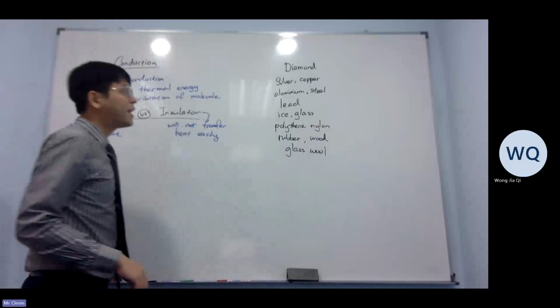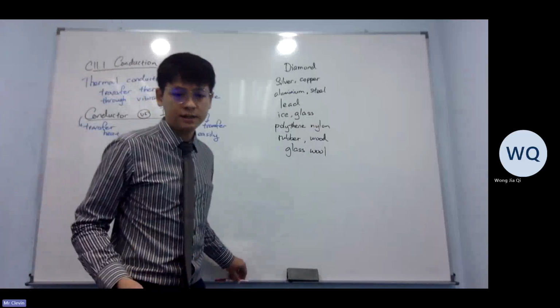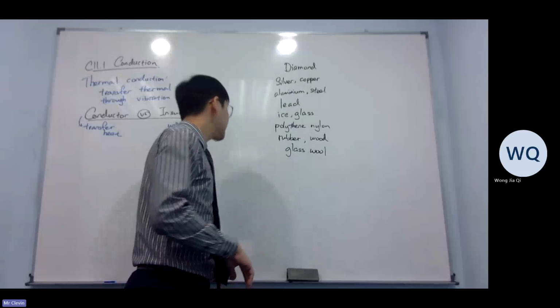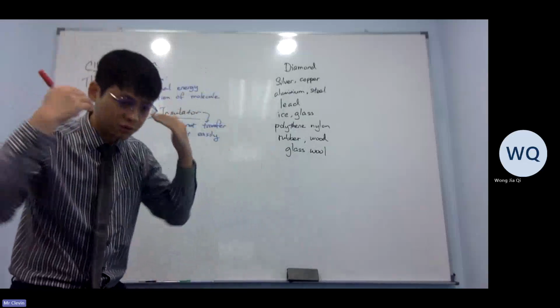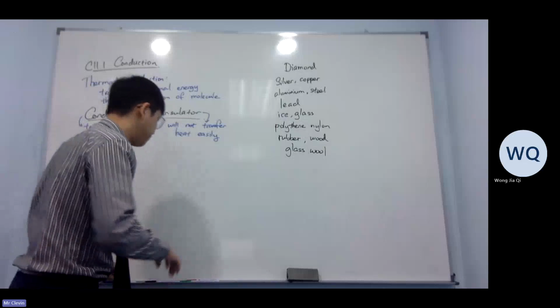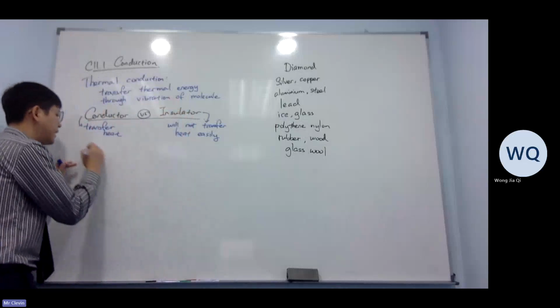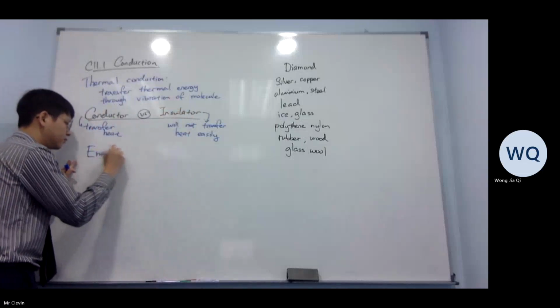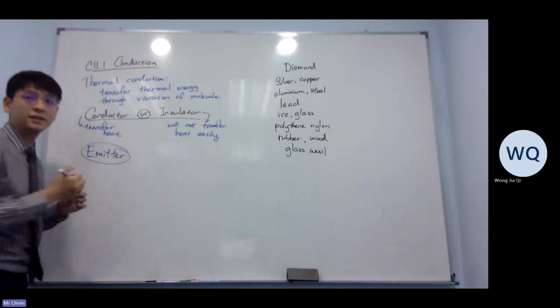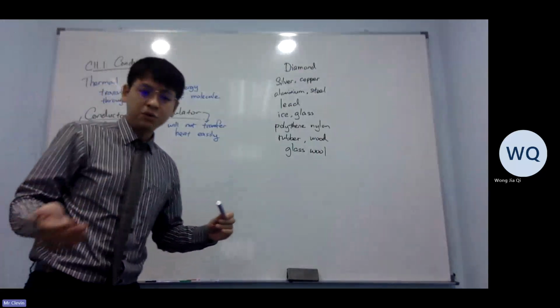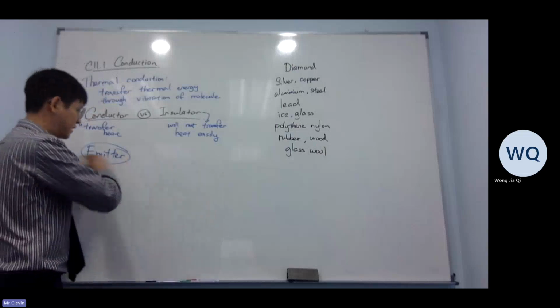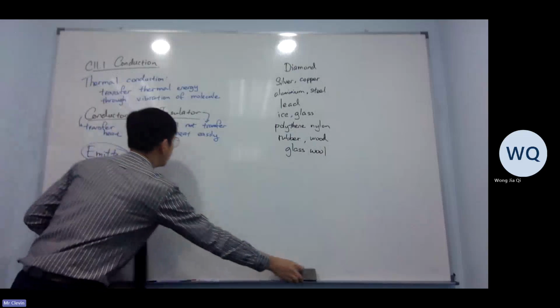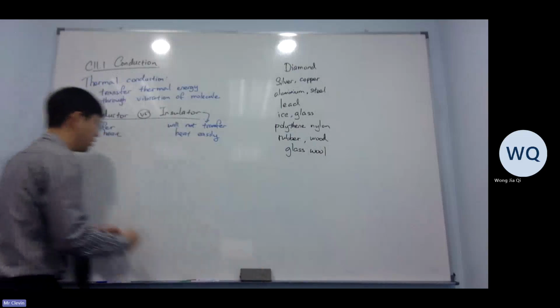What I want you to know here is that there are two terms, or rather three terms, that you need to always remember. Number one, we call that an emitter. You learn this in one individual subtopic, but it's better for me to show you what this is first.